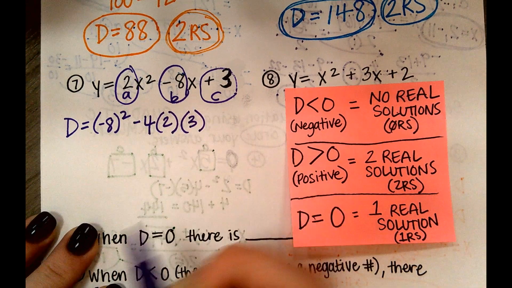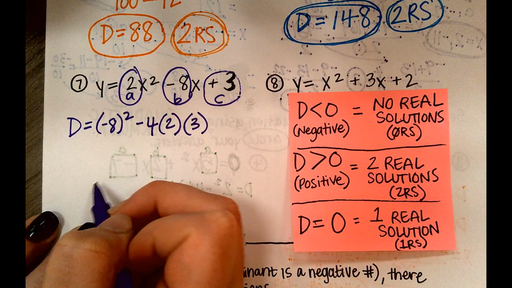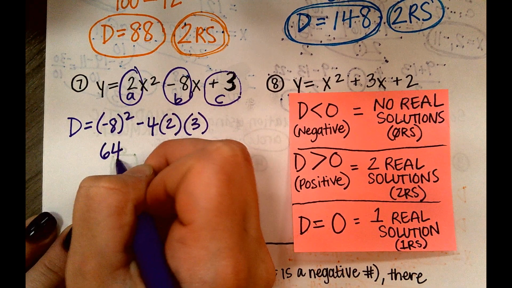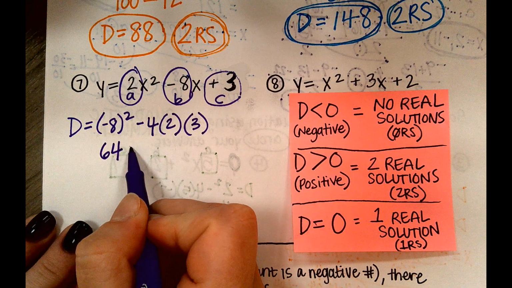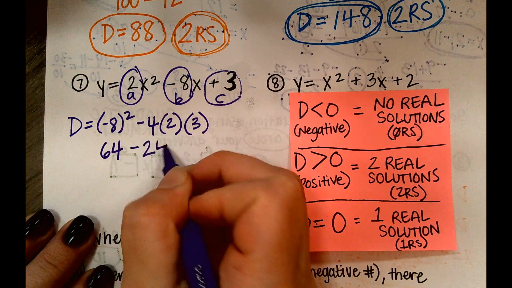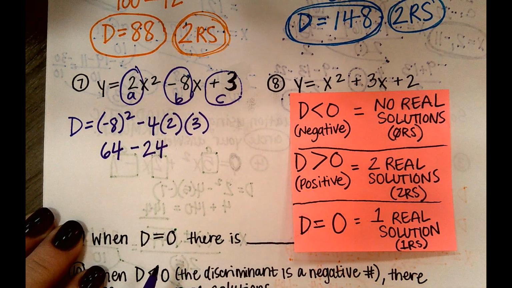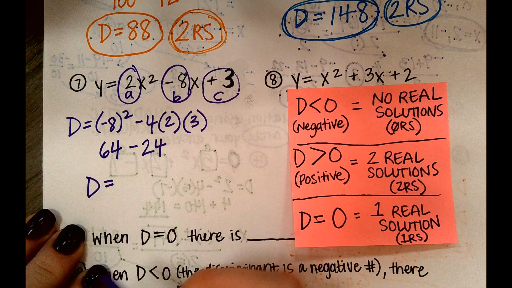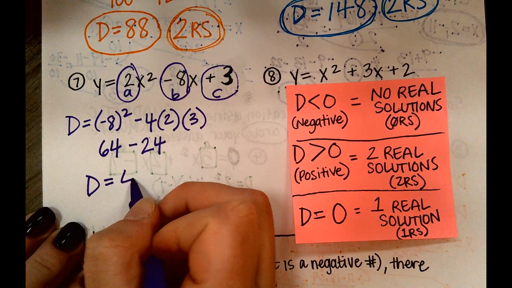Perfect. And then the -8 times -8 is positive 64. Perfect. Positive 64. And the -4 times 2 times 3 comes out to be -24. Okay. And then that equals up to positive 40. Okay, so our discriminant is 40.